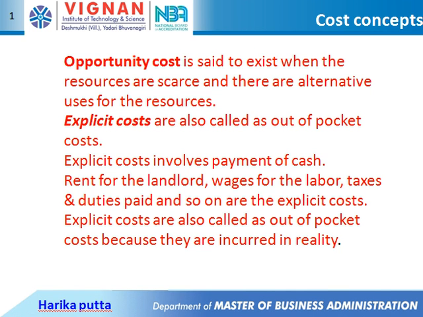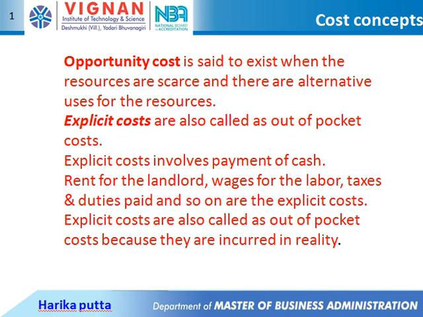That is, for the foregone next best alternative, whatever the cost you have incurred, you call it opportunity cost. This is only for analysis, but you don't show it in your accounting. It's completely related to decision making.